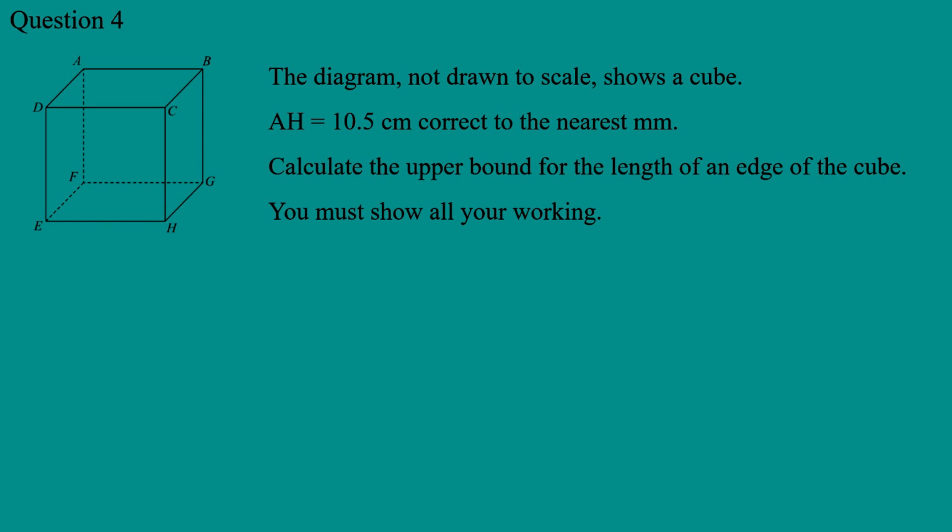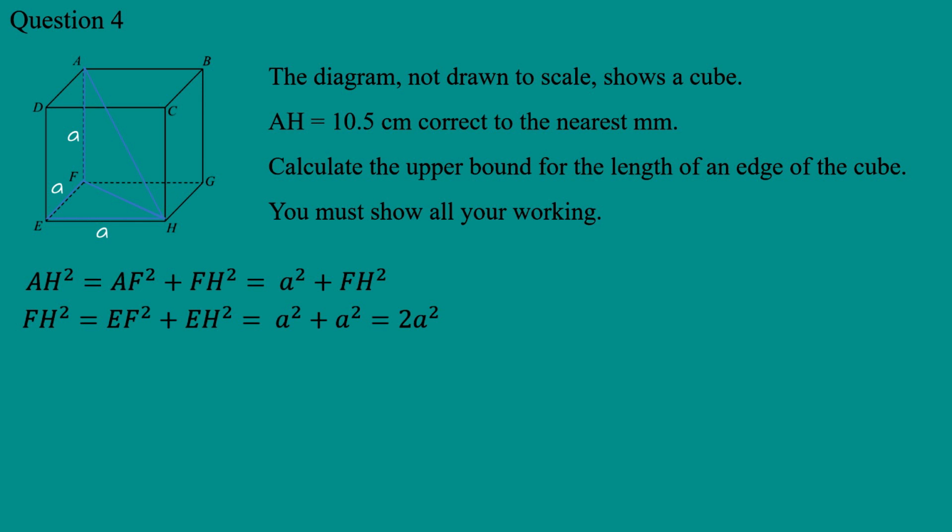From Pythagoras in the diagram, AH squared is AF squared plus FH squared, so A squared plus FH squared. Also from Pythagoras in the diagram, FH squared is equal to EF squared plus EH squared, so 2A squared.